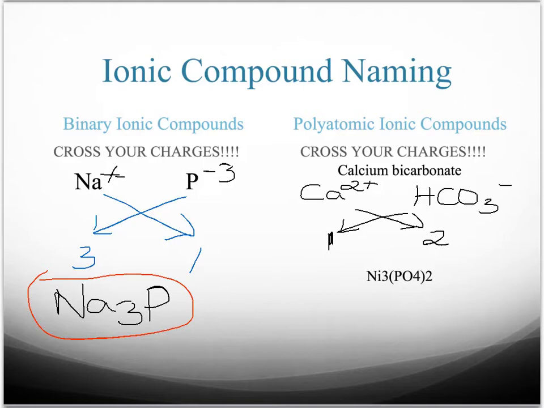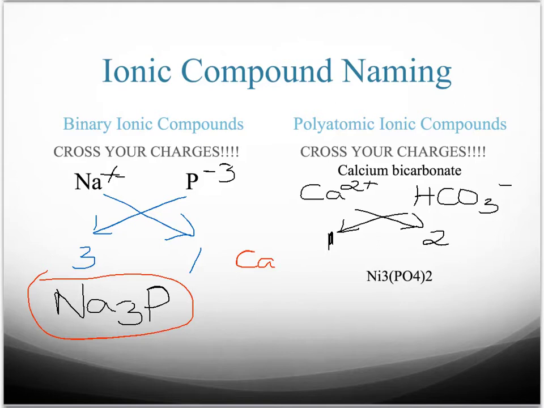So now that we've crossed our charges, all we need to do now is bring down our elements. So we have Ca. Again, we don't write ones. Then we have our bicarbonate, which is a group, and we need to put this 2 on it. Anytime we need to add a number to a group, that entire group is going to be in parentheses, and the number goes on the outside.